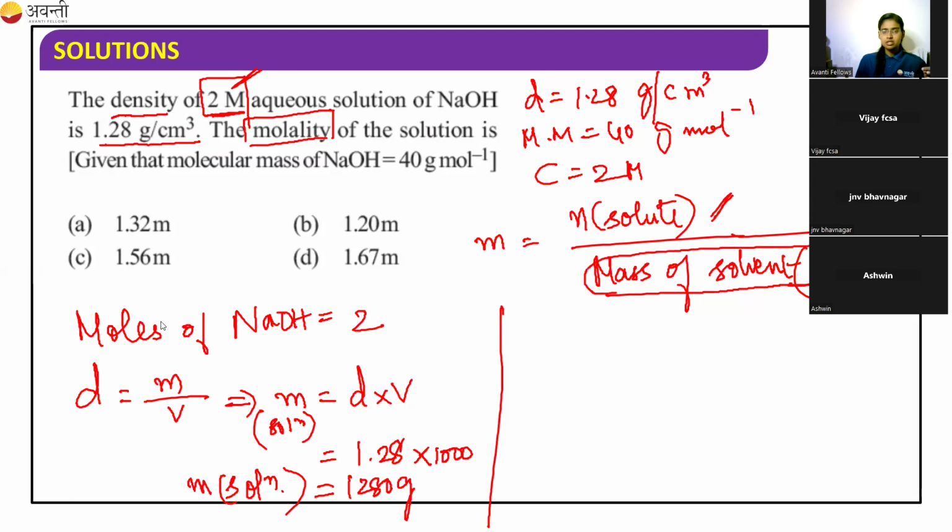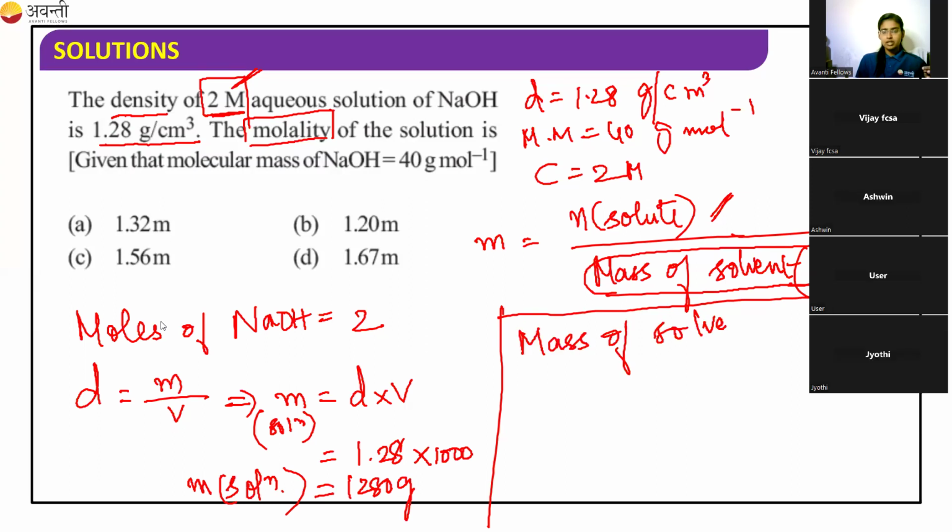So how to get the mass of the solvent? Solution is equal to solute plus solvent, so the solvent is solution minus solute. The mass of the solution is 1280 minus the solute mass. Who is the solute here?